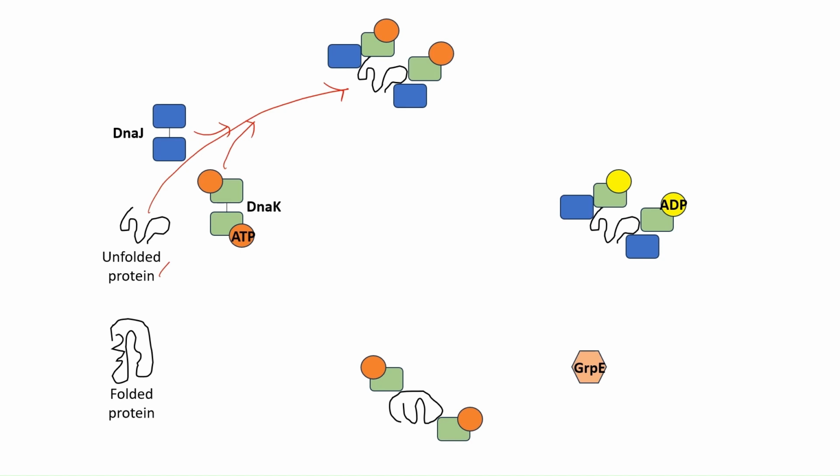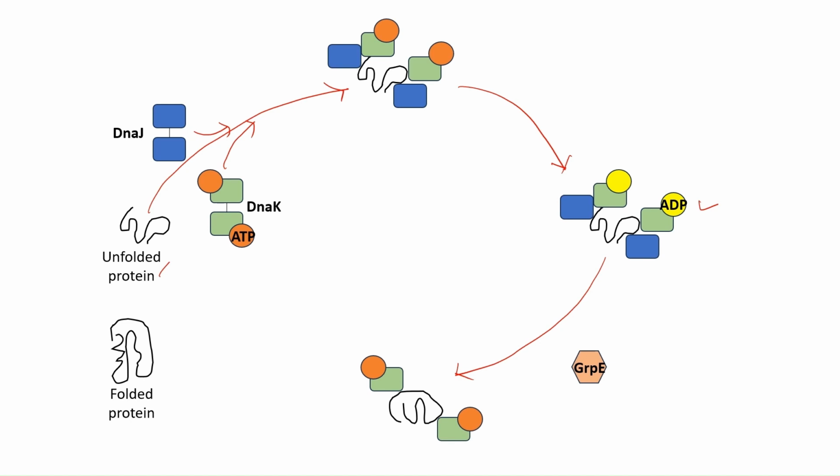Once DnaK is bound to the unfolded protein, it will start its folding, which requires ATP. So it will use its ATP, and the ATP will get converted into ADP.